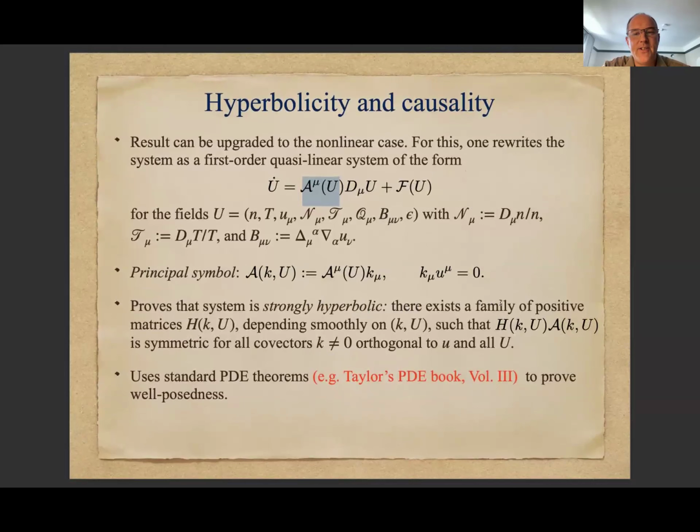That means that there exists a family of symmetric positive definite matrices H of k and u, which depends smoothly on k and u, such that if you multiply this principal symbol to the left with H, this is symmetric for all covectors k orthogonal to u, and all fields, at least in the neighborhoods of some point. And then the idea is you use standard PDE theorems to prove well-posedness in some Sobolev space.